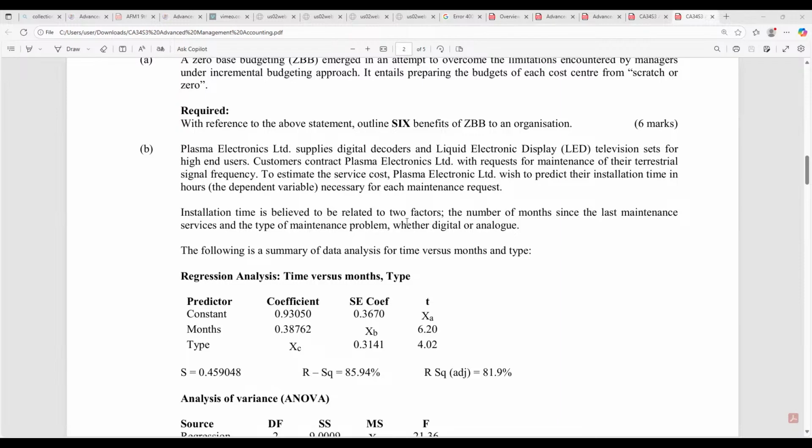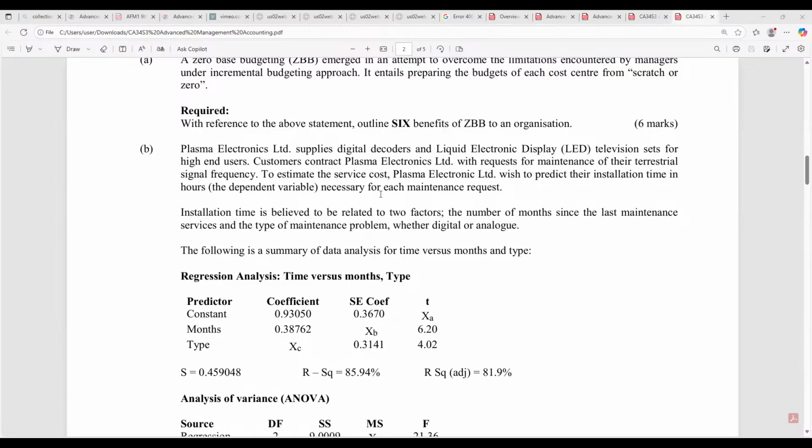So you can read from up here to understand. Plasma Electronics Limited supplies digital decoders and liquid electronic display television sets for high-end users. Customers contract Plasma Electronics Limited with requests for maintenance of their terrestrial signal frequency.